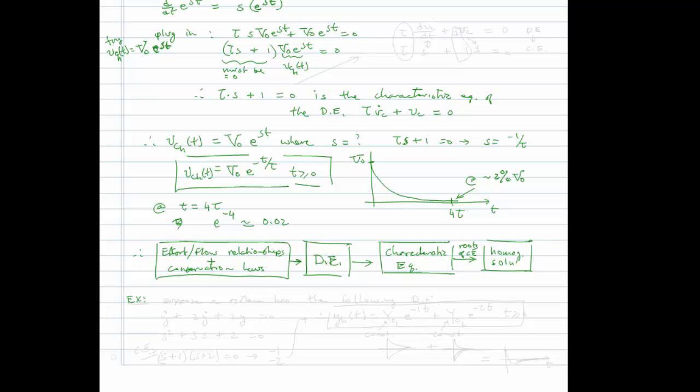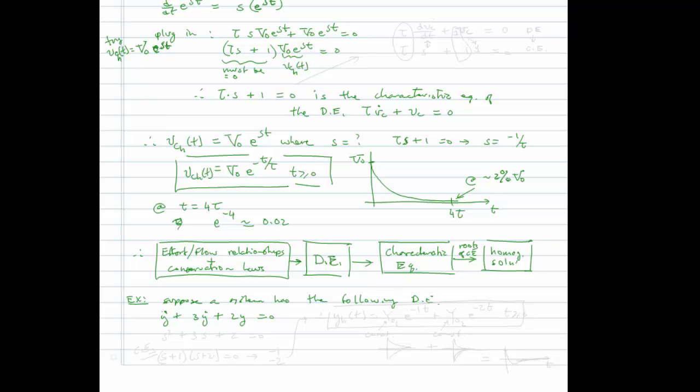So as an example, suppose a system has the following differential equation. y double dot plus 3y dot plus 2y is equal to 0.